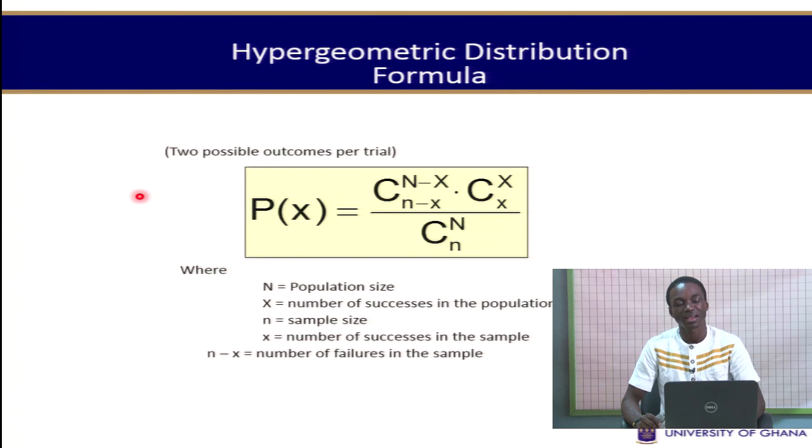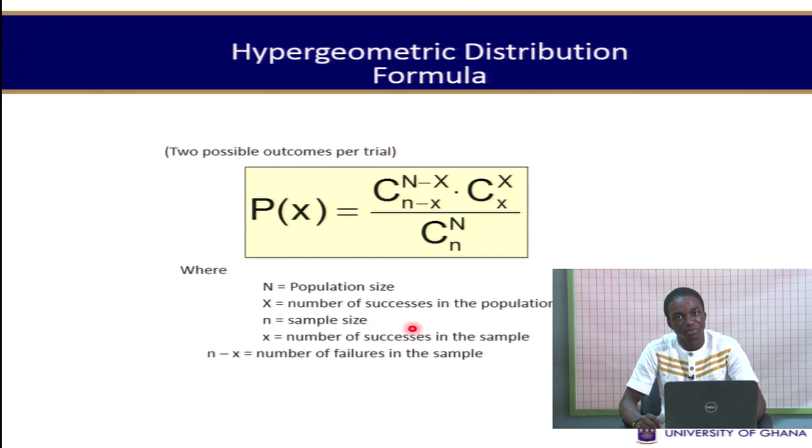The probability distribution for a hypergeometric is given as big N minus big X combination small n minus small x, multiplying big X combination small x, over big N combination small n, where big N is the population size, big X is the number of successes in the population, or the number within the population that has the required attributes.